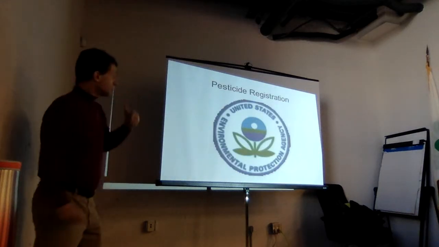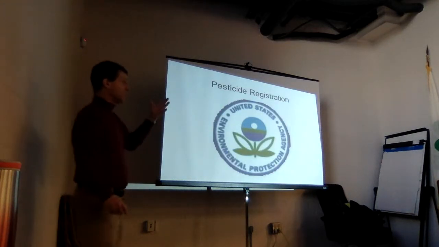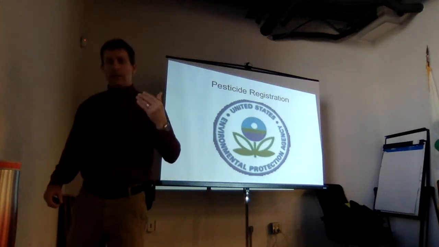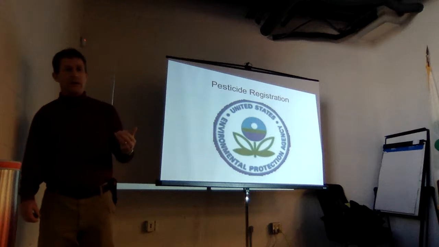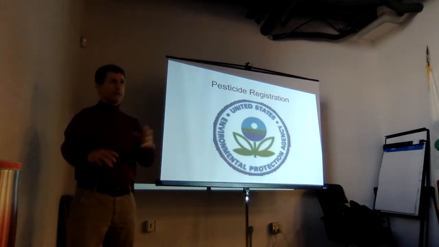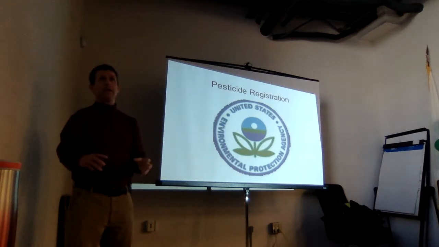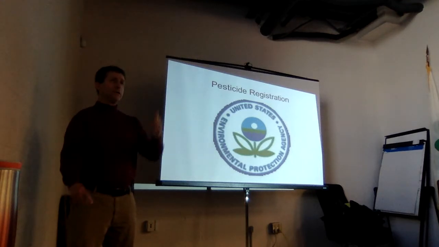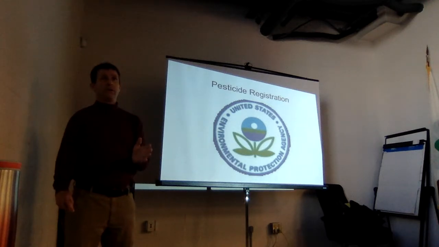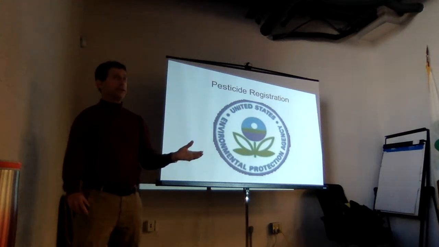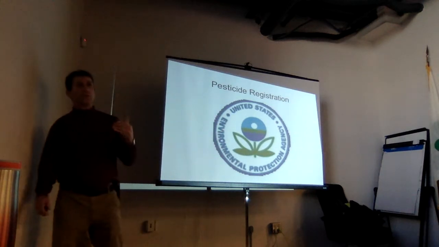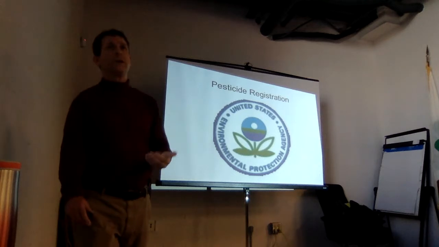The first thing to understand is that there is a process for registering pesticides. I am not allowed to go out into my workshop and take various ingredients and mix them together and put them in a bottle, slap the words Paul's Insect Killer on it, and sell it. You have to go through the pesticide registration process through the United States Environmental Protection Agency.